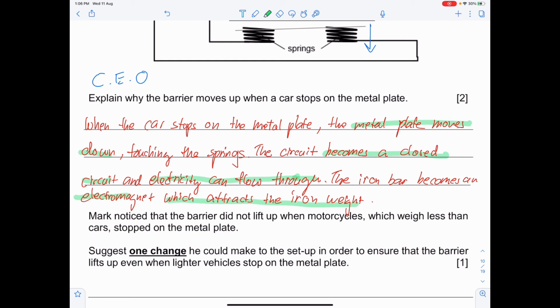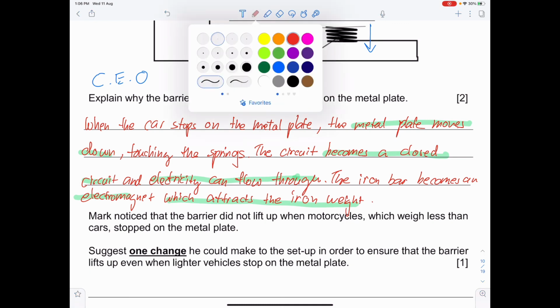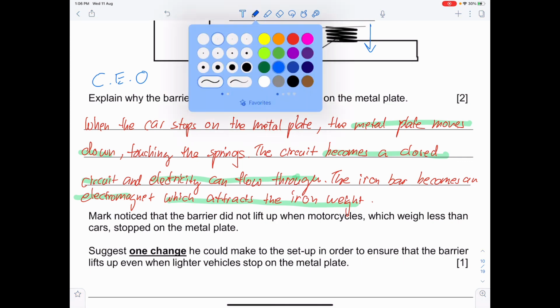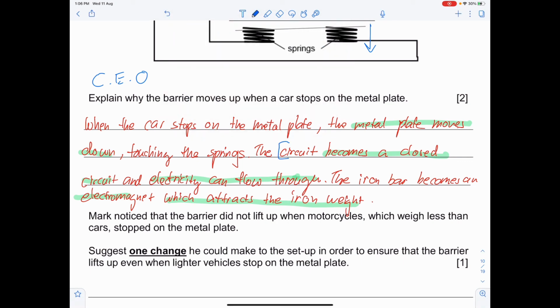This CEO strategy is very, very useful whenever you have an electrical circuit question and it asks you to explain. Make sure you use this strategy. If I put it into context, for CEO, this is your C, can flow through is your E, and the outcome is over here, your O.